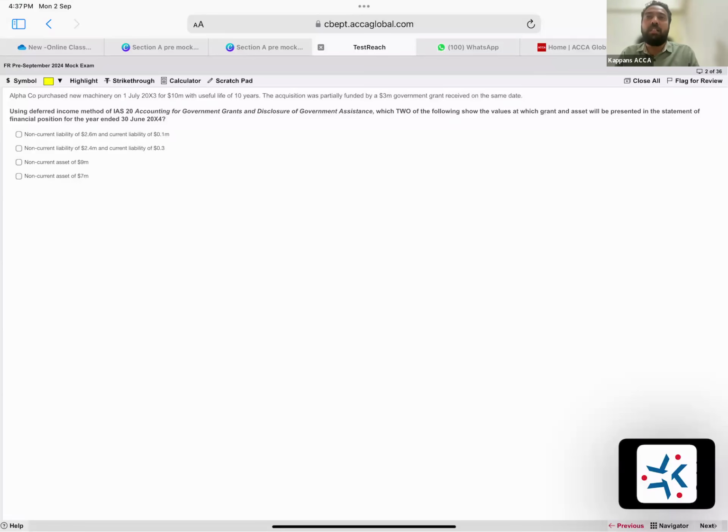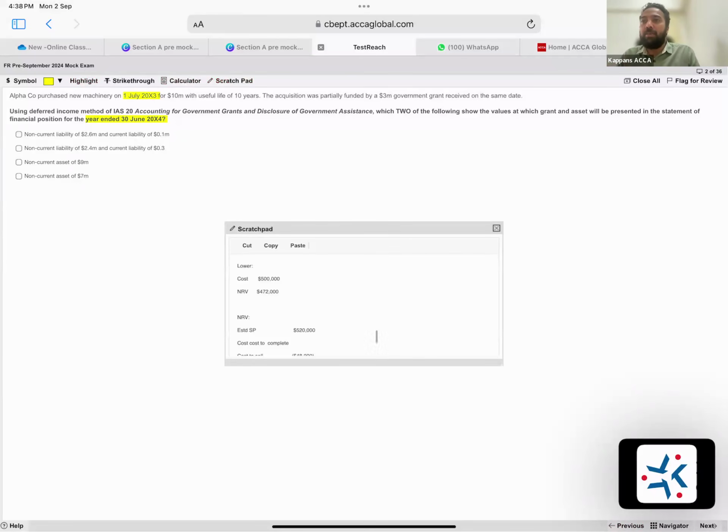Using the deferred income method of IAS 20, accounting for government grants and disclosure of government assistance, which two of the following show the values at which grant and asset will be presented in the statement of financial position for the year ended 30 June X4. So the year will begin on 1st July X3, and the grant was received in the beginning of the year. And they are using the deferred income method.